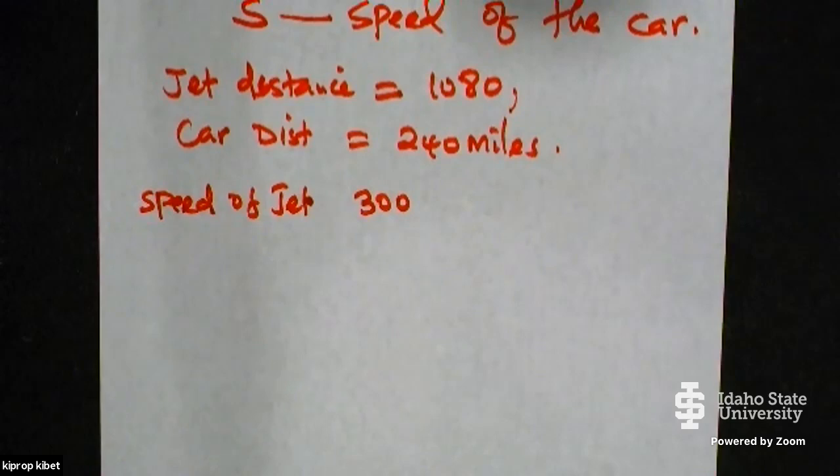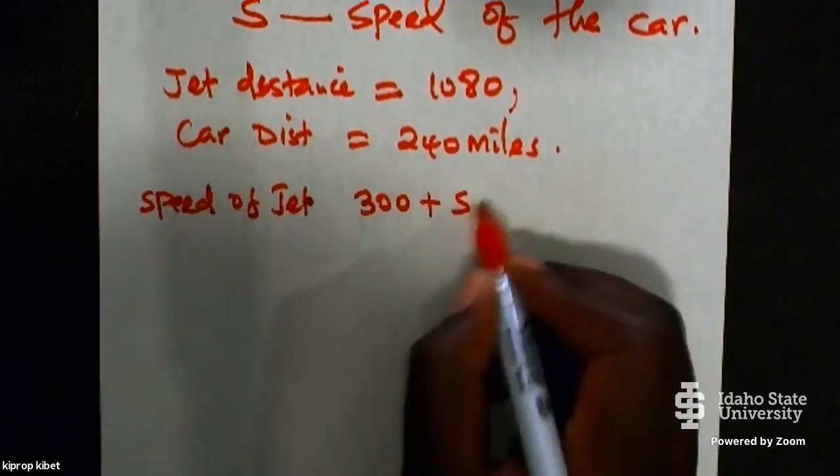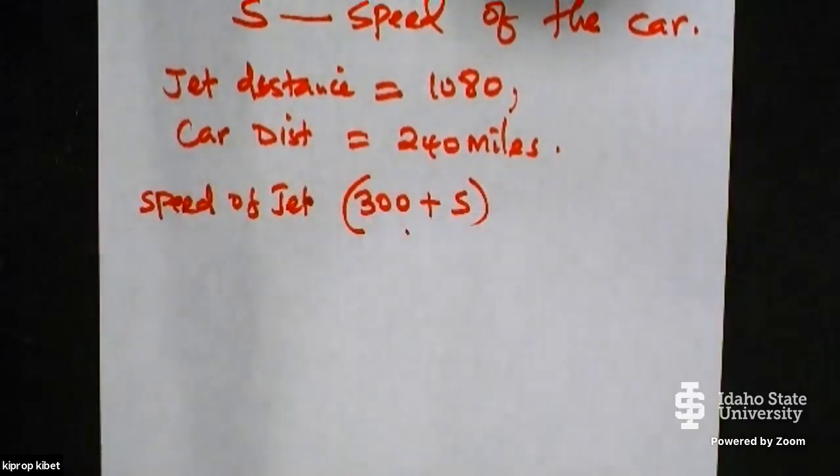It's 300 plus S. So the speed of the jet is 300 plus S, faster than the rate of the car. And the car ride takes 1 hour longer than the jet.